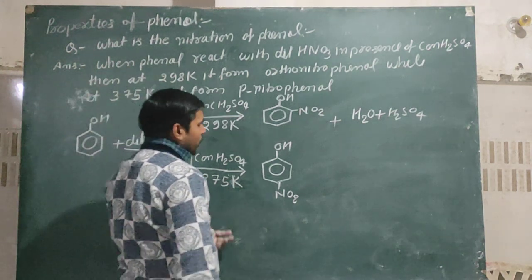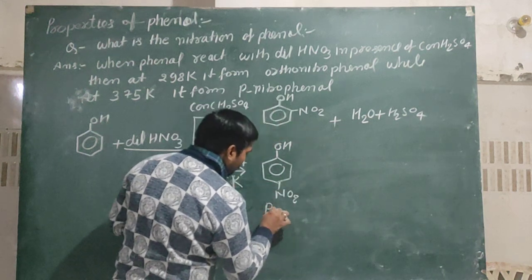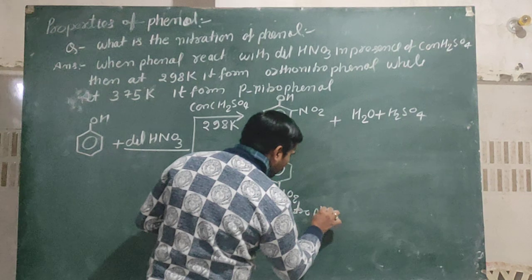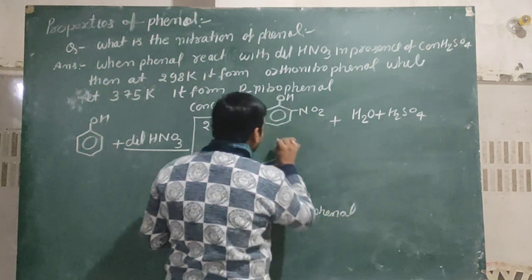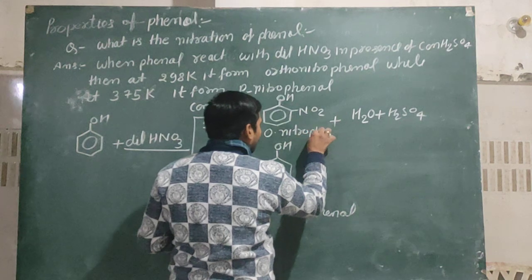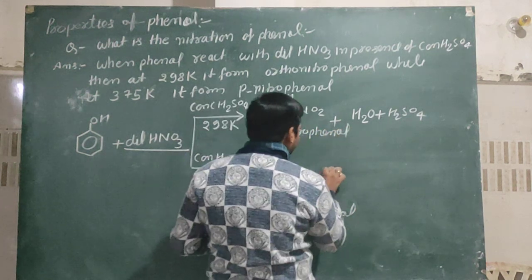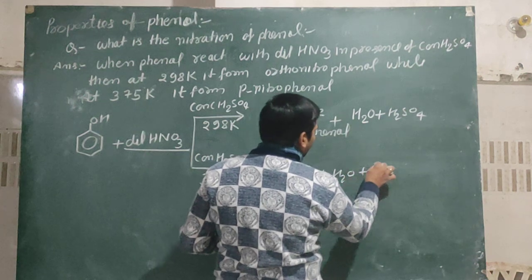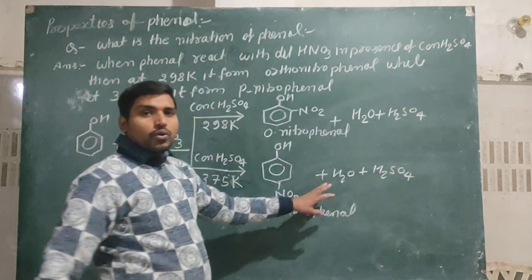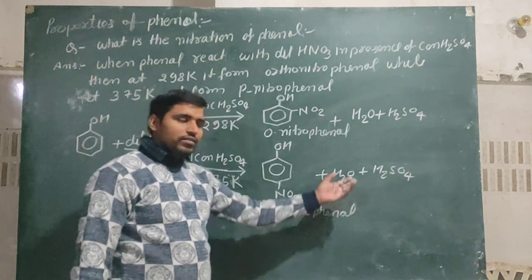Okay, and also you can see here it is para nitrophenol and ortho nitrophenol, plus H2O plus H2SO4. Here H2SO4 acts as a catalyst which comes out in the reaction as such.